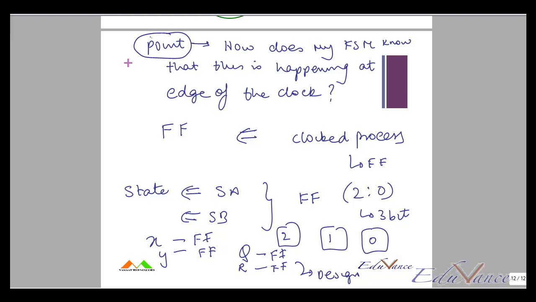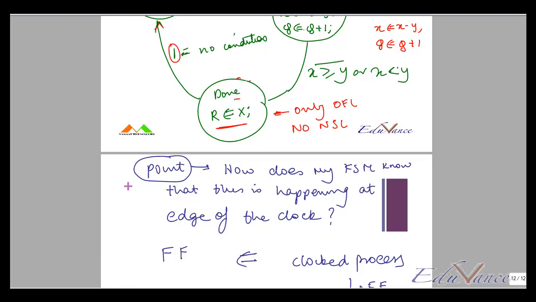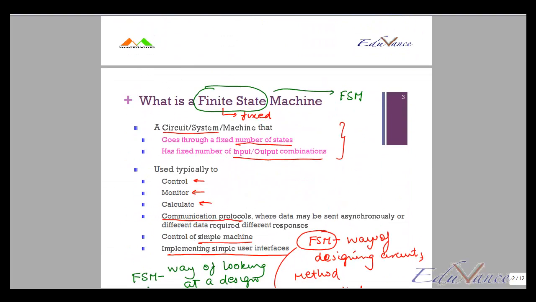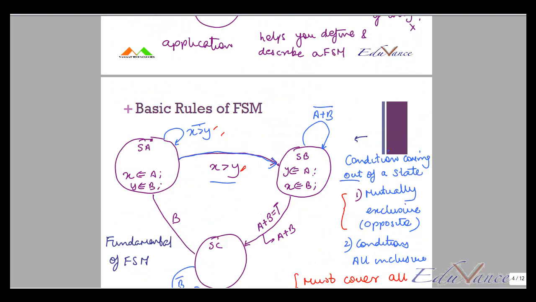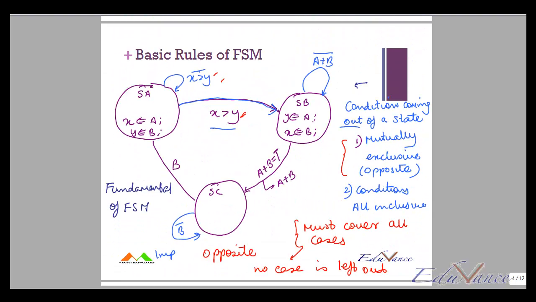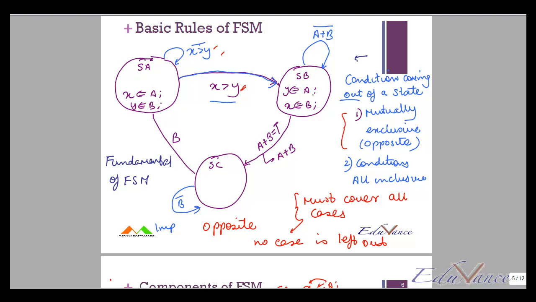So I hope this lecture on FSM design was clear. It's an advanced topic. Hence, I encourage you to understand this carefully. So we understood the concept of mutually exclusive and all-inclusive. We looked at a state machine diagram. Then we understood the basic rules of FSM, that is, mutually exclusive and all-inclusive.